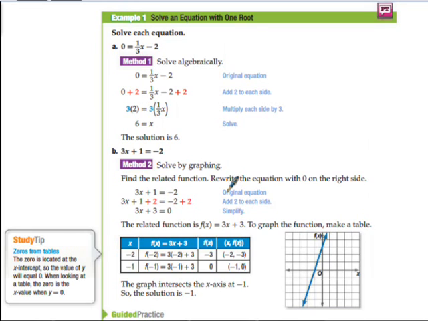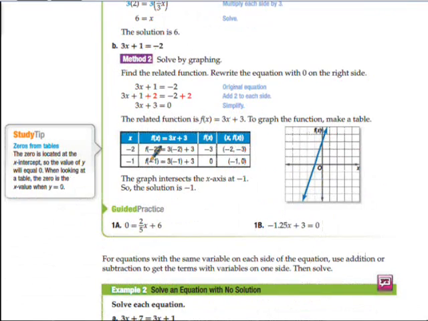So we add 2 to both sides, and we have f of x equals 3x plus 3. And then we can just make a table. We pick some random x's, we get some y's because of that, and you do that until you get a y that's 0, and that's where the x-intercept is. So that x is the solution.